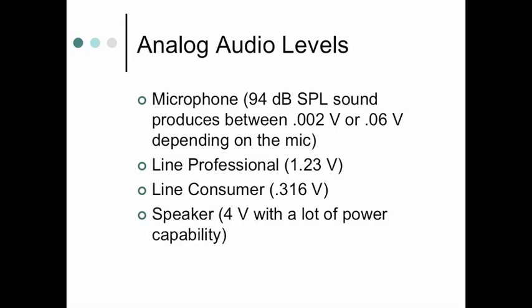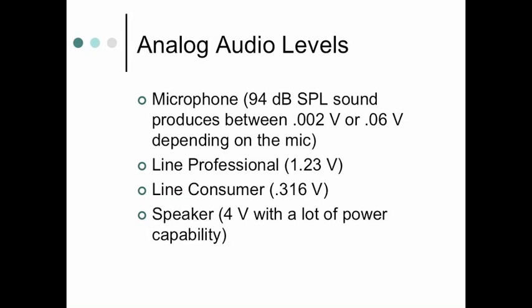This is an interesting bit of information. Your microphone, in terms of its output, is about 0.002 volts or all the way up to 0.06 volts. And what I'm doing in this slide is showing you the different kinds of levels that you get out of different devices. So a microphone is much quieter than the professional line level at 1.23 volts.